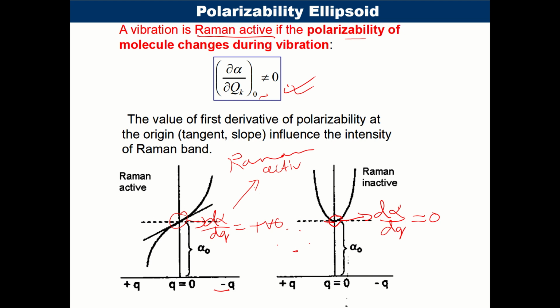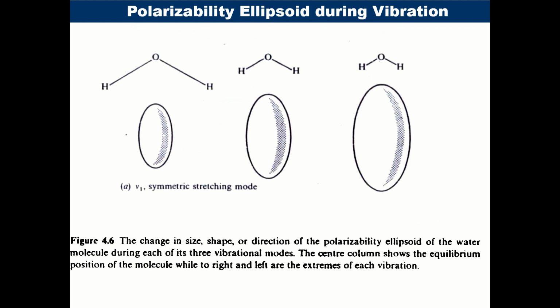So the slope value here will come out like this. So when the polarizability is plotted against q, if the slope is 0, it is inactive. So this will be Raman inactive in such a case. So we have to look at it in this way.